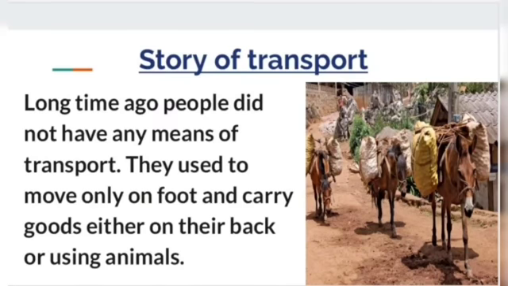Like in this picture, it is shown that ponies carry goods on their back to transport it from one place to another place. Why? Because at that time they didn't have any other means of transport.